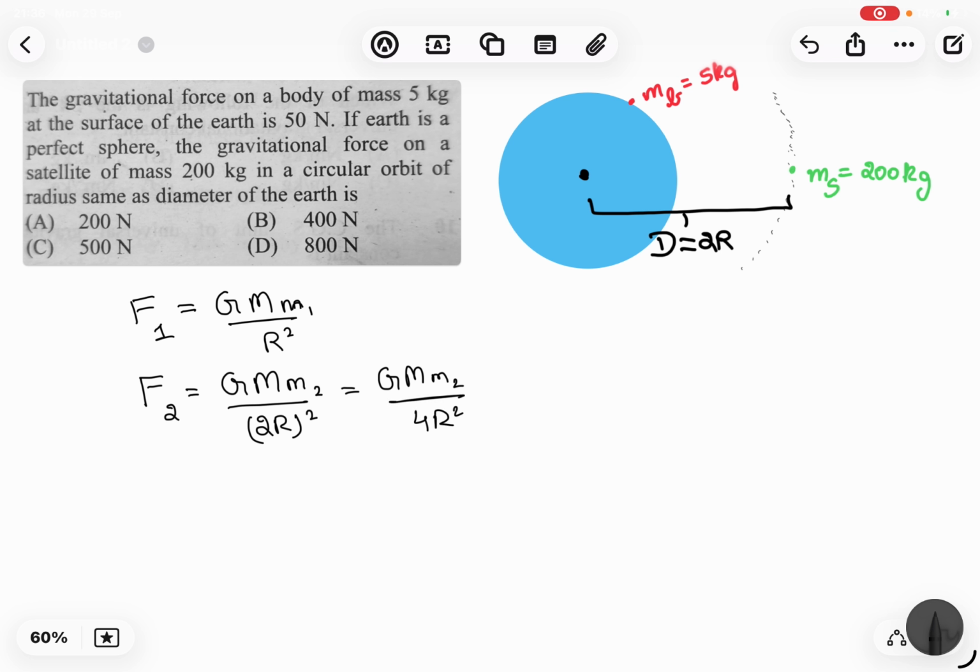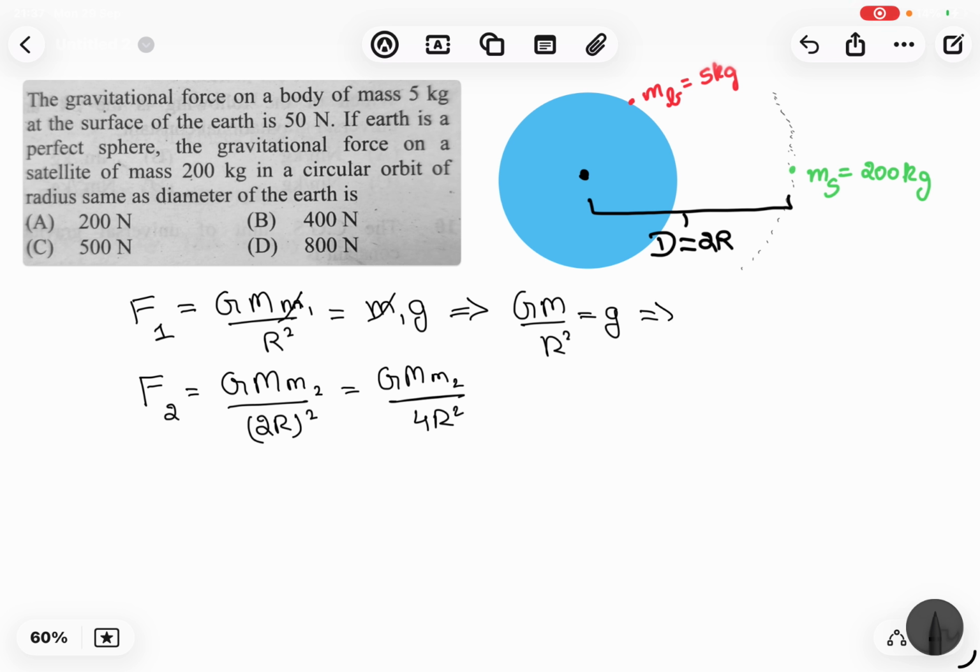For the body on the surface of the Earth, G M m1 by R squared can also be written as m1 into g, which is Newton's force equation. If we cancel out the mass m1 on both sides, we get G M by R squared equals g.